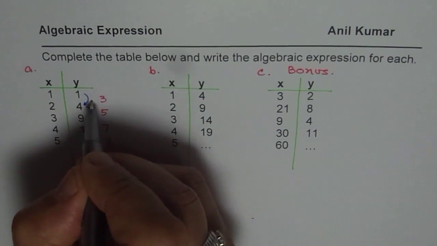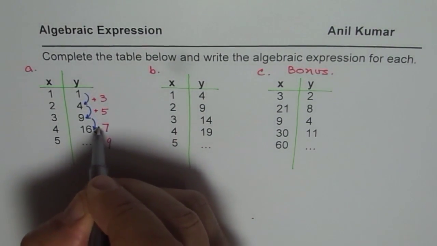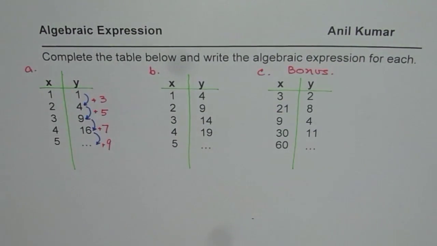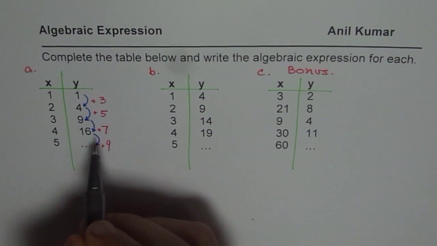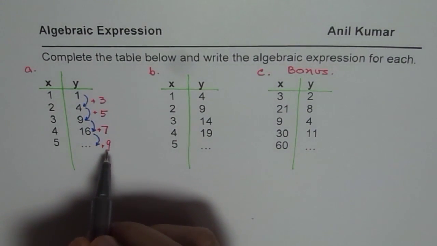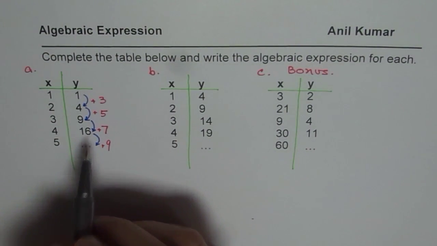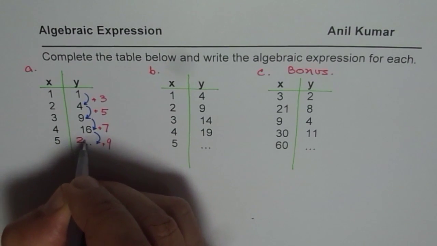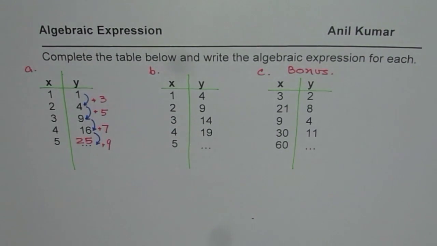So this is the trend. So what you see here is a pattern. You are adding 2 more each time, and that is how you get a particular relation. So if I add 9 to 16, I get 25. So this is the value which I get.